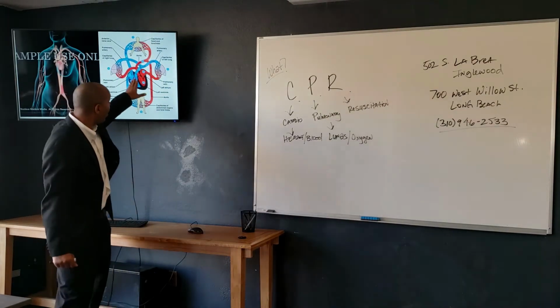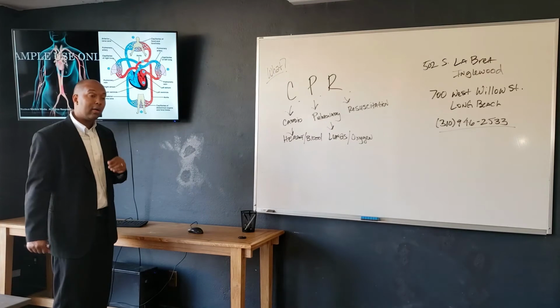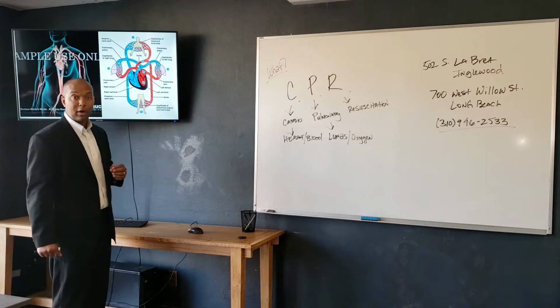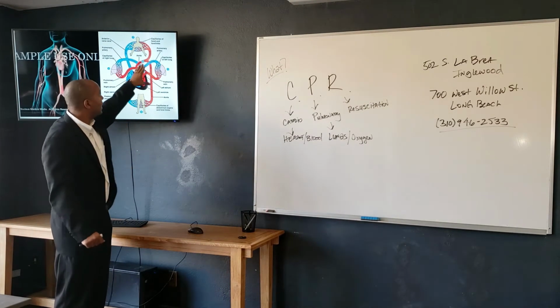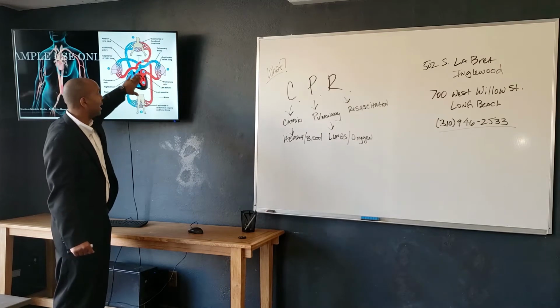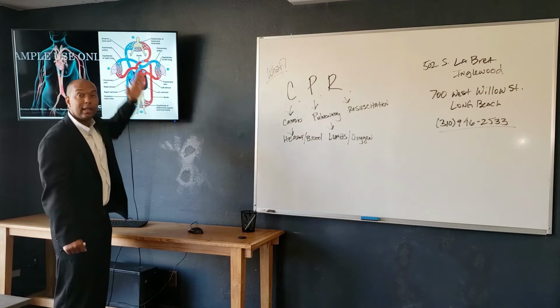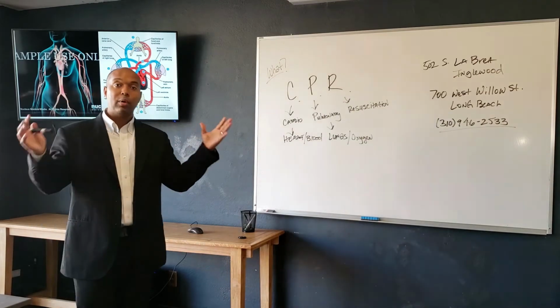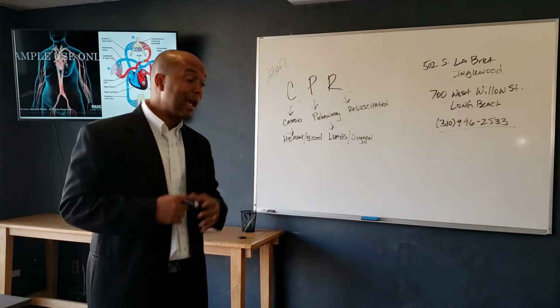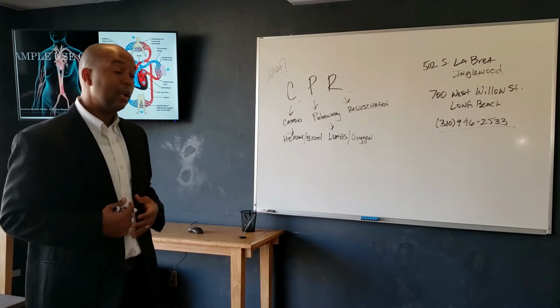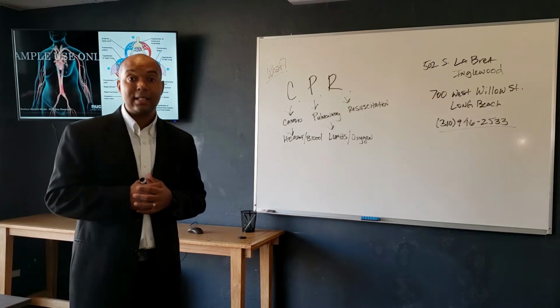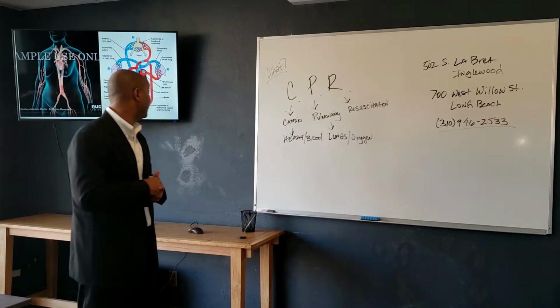There's this artery right here called the pulmonary artery. The deoxygenated blood comes into the lungs, comes back out oxygenated, or oxygen rich, and now it transports throughout the body via the aorta and delivers oxygen to different cells of the body, okay?